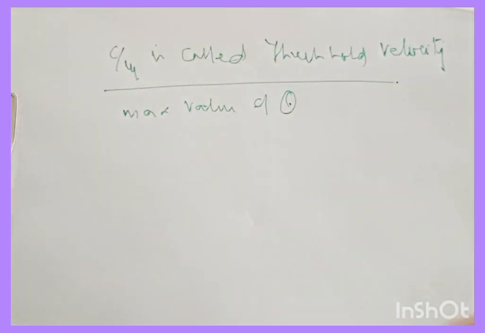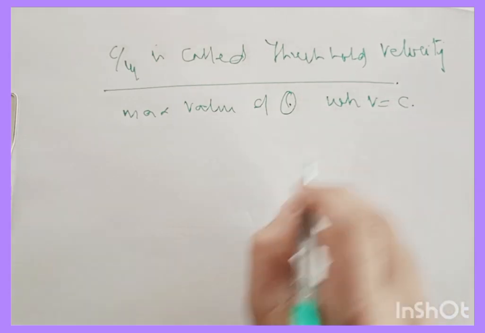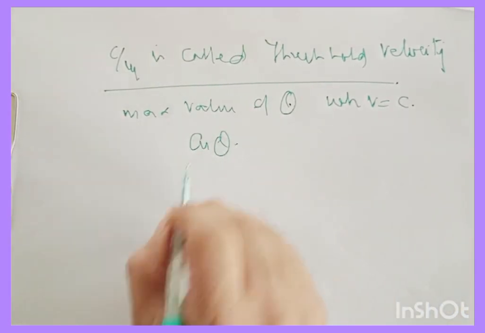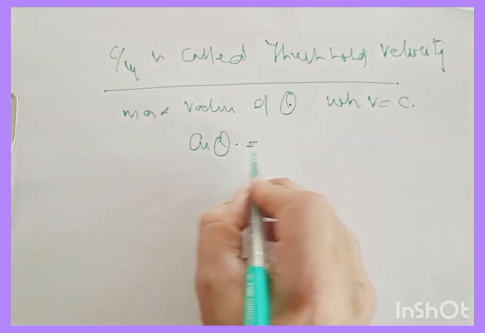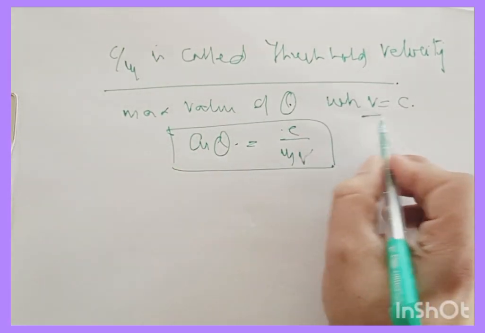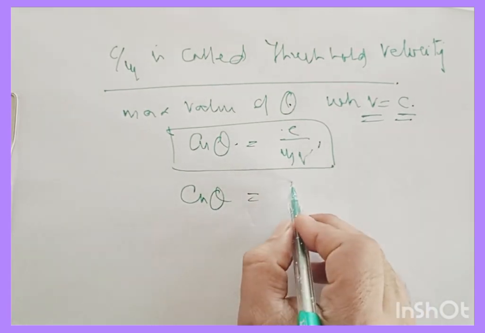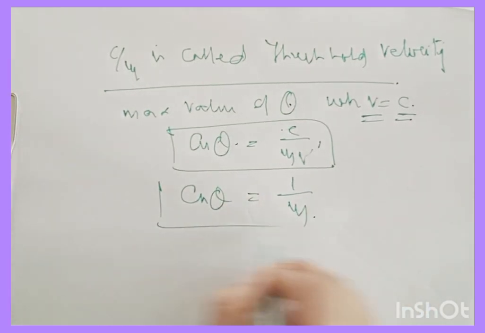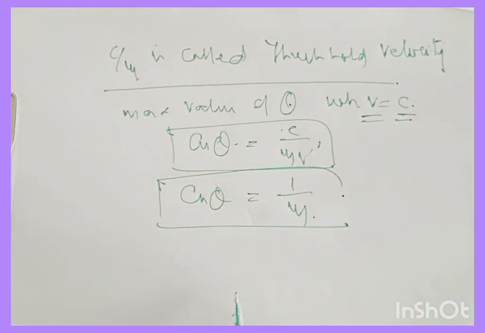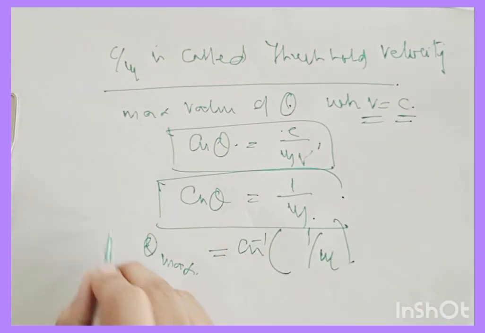That's possible only when V is equal to C. So in that case, cos theta, which is basically C by mu V, is going to be 1 by mu. And this theta is maximum theta, which is going to be cos inverse of 1 by mu.